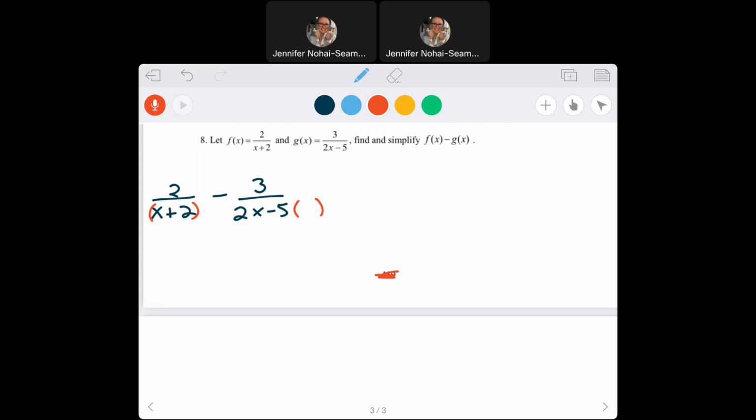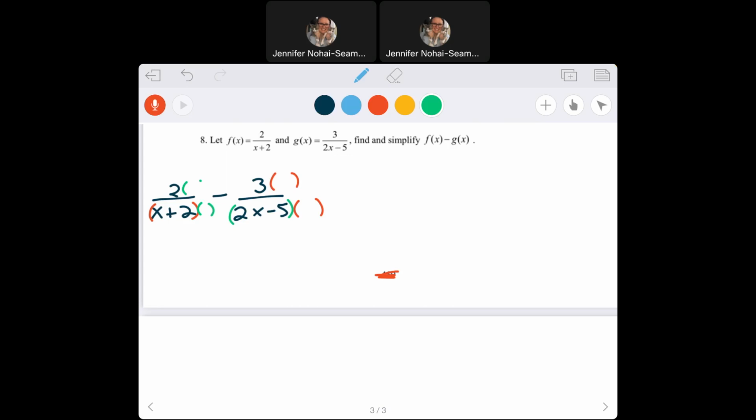So I'll be putting that x plus 2 in both of those places. On the other fraction, this 2x minus 5 needs to be in the denominator here, and whatever I put in that denominator, I also need to put in the numerator. That looks a little messy, but I will be rewriting it to be quite nice.